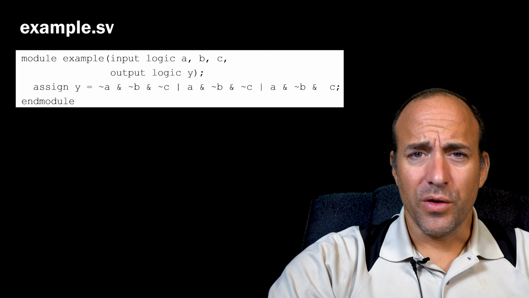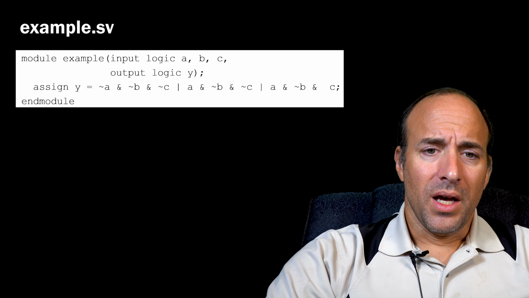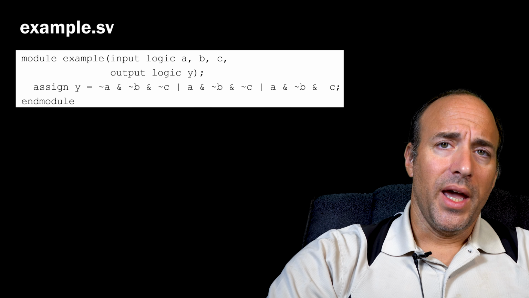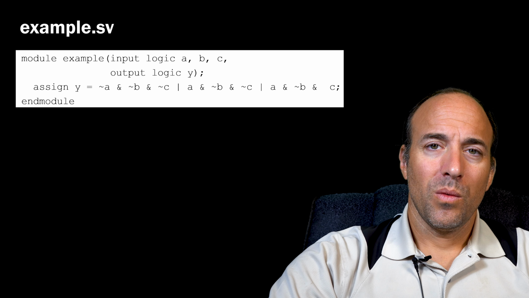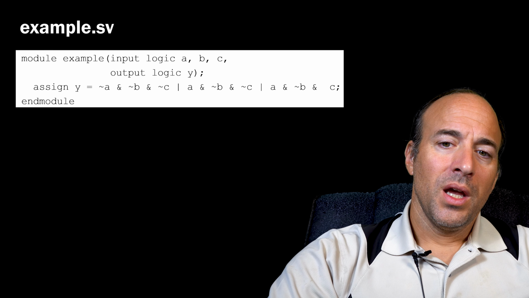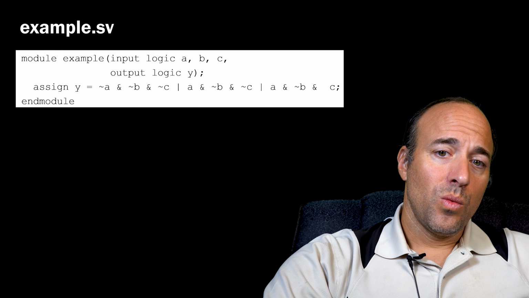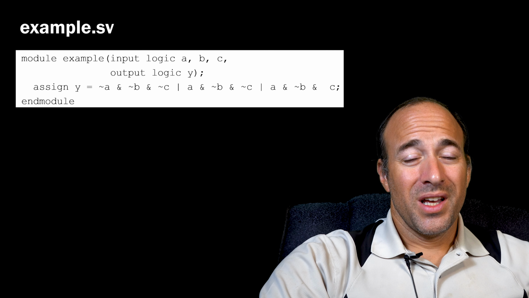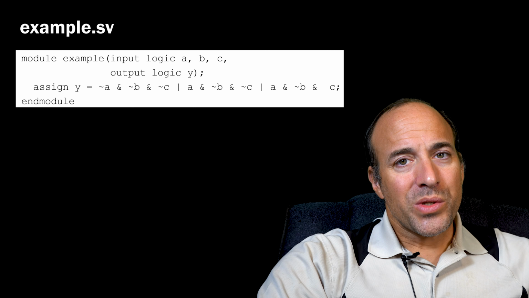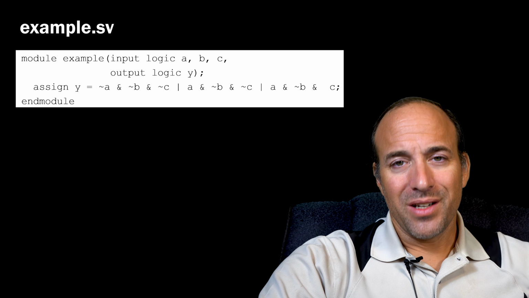But Verilog uses the tilde. The statement is ended with a semicolon, which is also familiar. The module is ended with the endmodule keyword, but notice that there is no semicolon after endmodule.